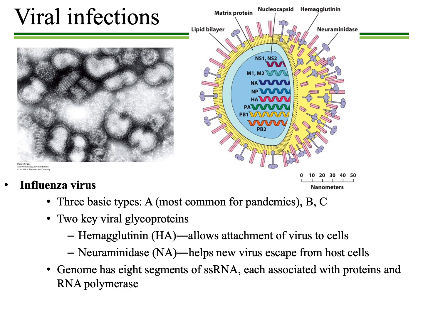The 2 key viral glycoproteins associated with influenza are hemagglutinin, abbreviated HA, which allows for the attachment of the virus to the host cell, and neuraminidase, abbreviated NA, which helps new viruses escape from the host cells once new viral particles have in fact been synthesized.